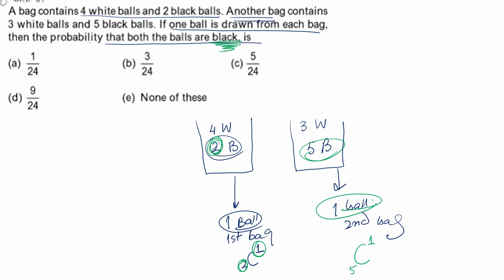Now, is this the work? This is only the selection of the black balls. I have written 2C1 and 5C1. Now, how many total balls do I have to select from? From the first bag, the total is 6 balls, and I have to select only one ball, so 6C1.